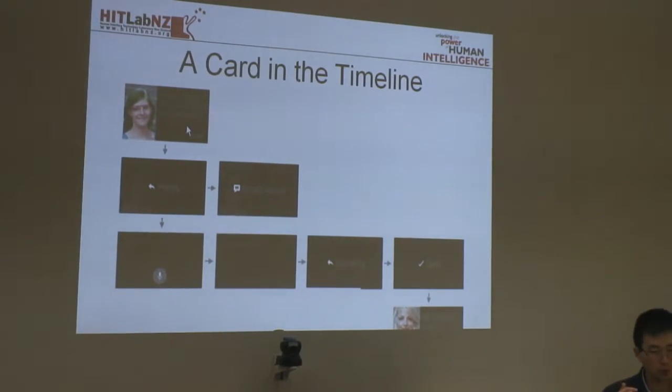If you tap on the card, it usually shows a menu item, such as replying to the card or letting Google Glass read it out using a text-to-speech engine. Once you select one of the menus, it will show you another screen, either to dictate a reply or to go through another set of slides. Then eventually, it will end up adding another card to your timeline or just finishing your interaction.